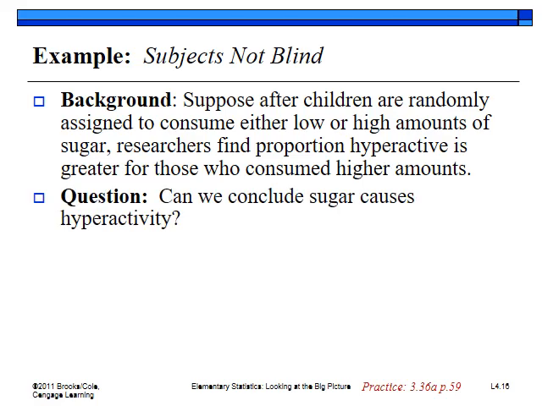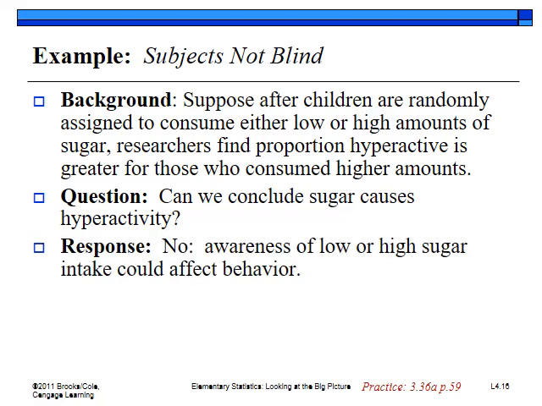Can we conclude that there is a causal relationship here? Probably not. There's a good chance those kids know whether they're in the low sugar group or the high sugar group, and that might change the way they behave.